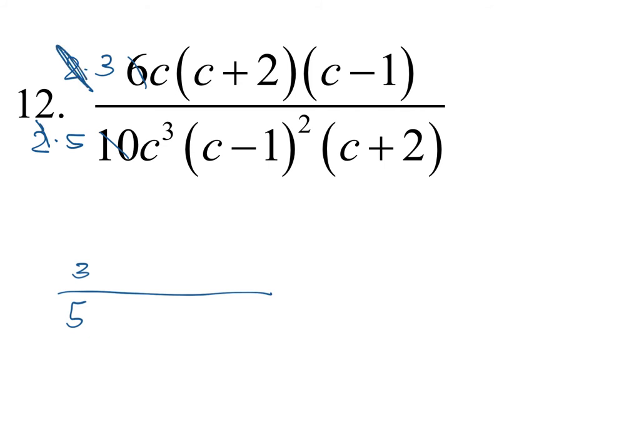If you have a c to the first and a c cubed, so 1 c right here and 3 factors of c right here, the 1 c will cancel with one of these to leave you with 2 c's, so c squared.